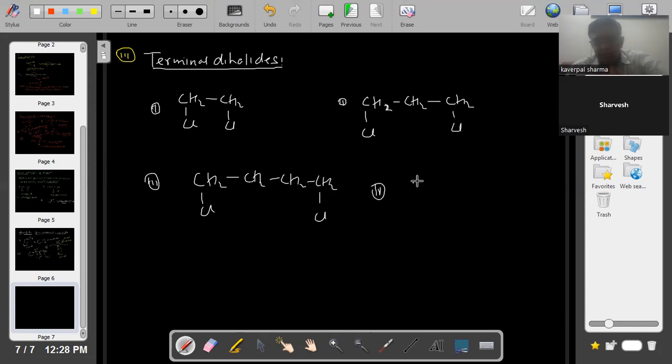Fourth case, CH2Br, CH2. So the halogens should be attached at the starting and ending of the chain, at the end of the branch. These are called terminal. So this is vicinal as well as terminal. What will we name this one? Dimethylene bromide, 1, 2.